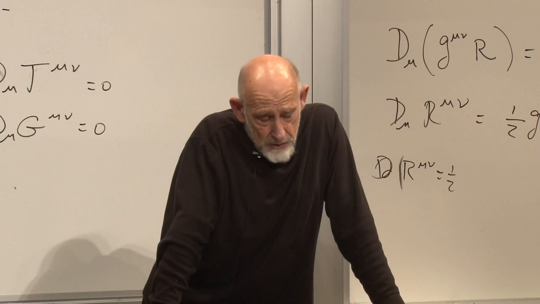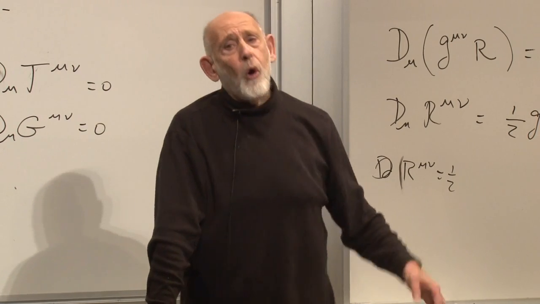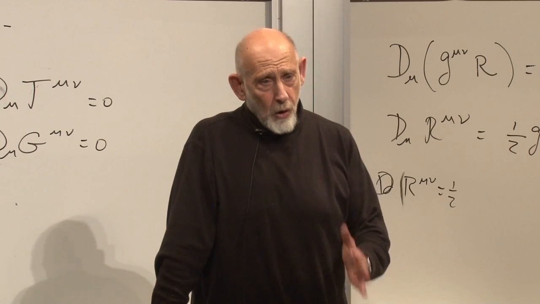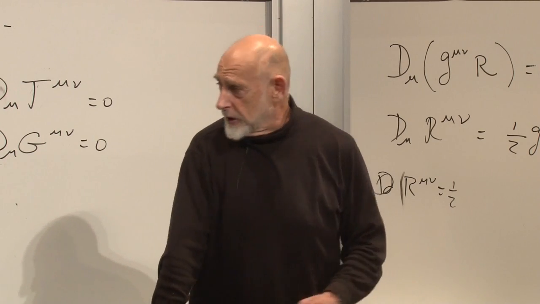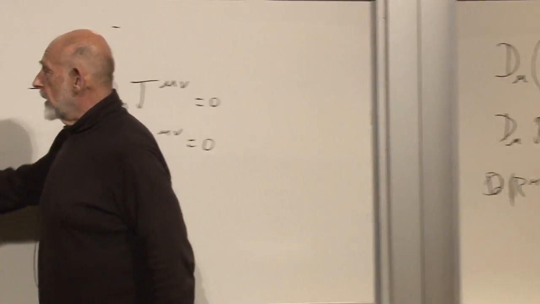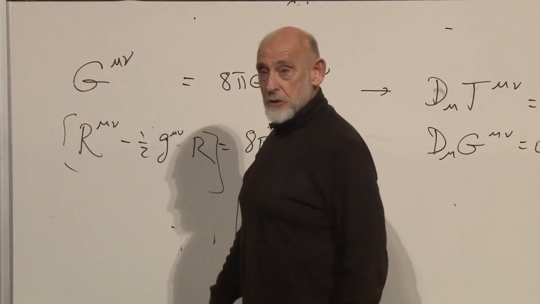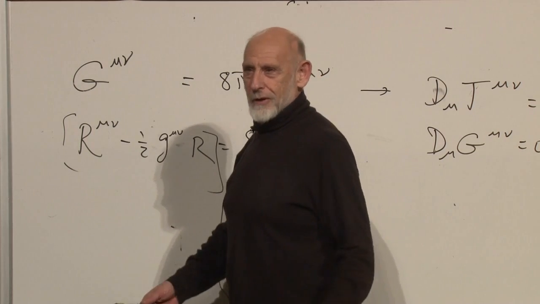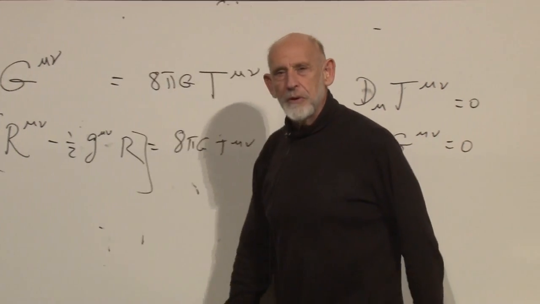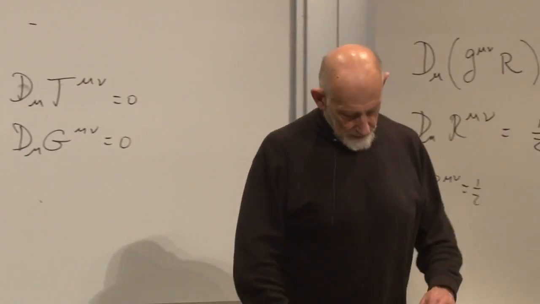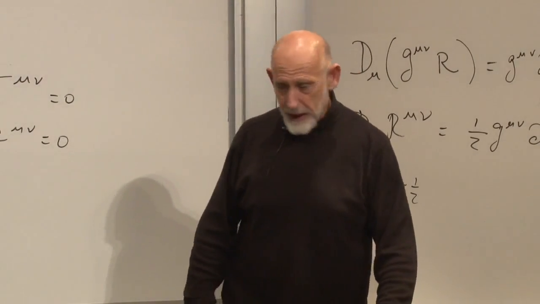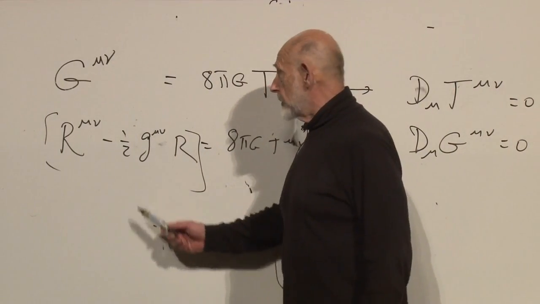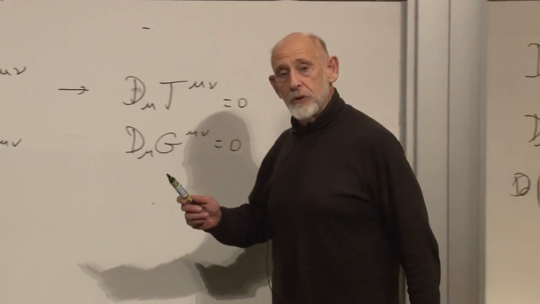And it's not hard to go through and exhaust all possible things that you can do with the curvature tensor to make a thing with only two indices. There's only two things you can do. One of them is R mu nu, and the other is the curvature scalar. This is not hard to prove. It's very straightforward. So Einstein presumably knew that this particular combination satisfied a continuity equation.